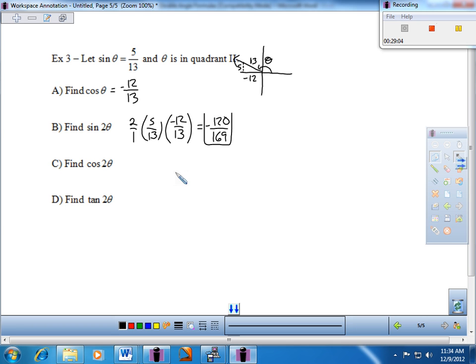Now cosine of 2 theta, everyone, what I very simply do is I do it as cosine squared minus sine squared, both of which we have. So I'm seeing this as cosine of theta, square it, minus sine of theta, and square it. So remember, that's how it's going to play out, ratio squared. And I'm going to have to do this in 2 steps here, but I get 144 over 169 minus 25 over 169.